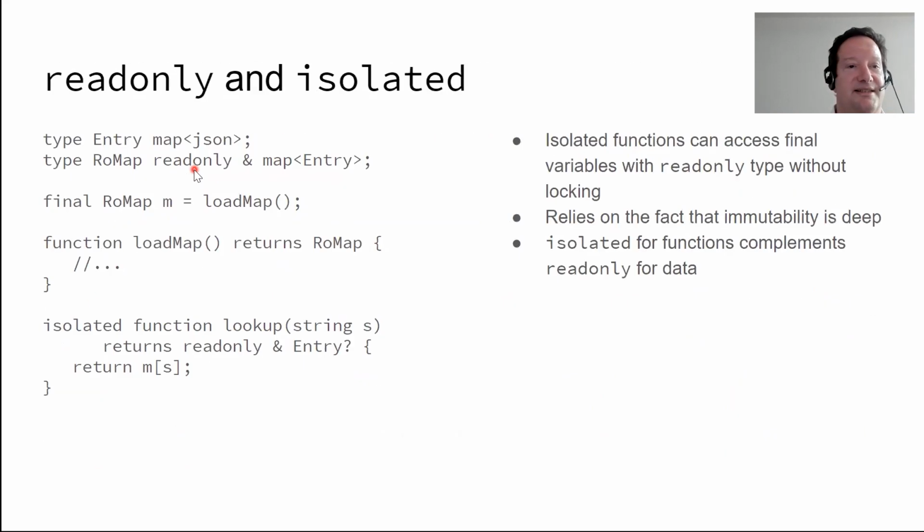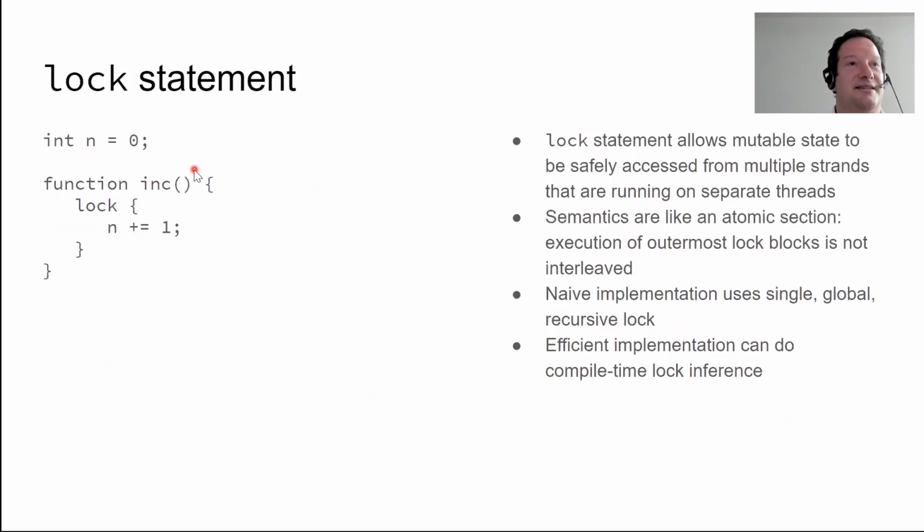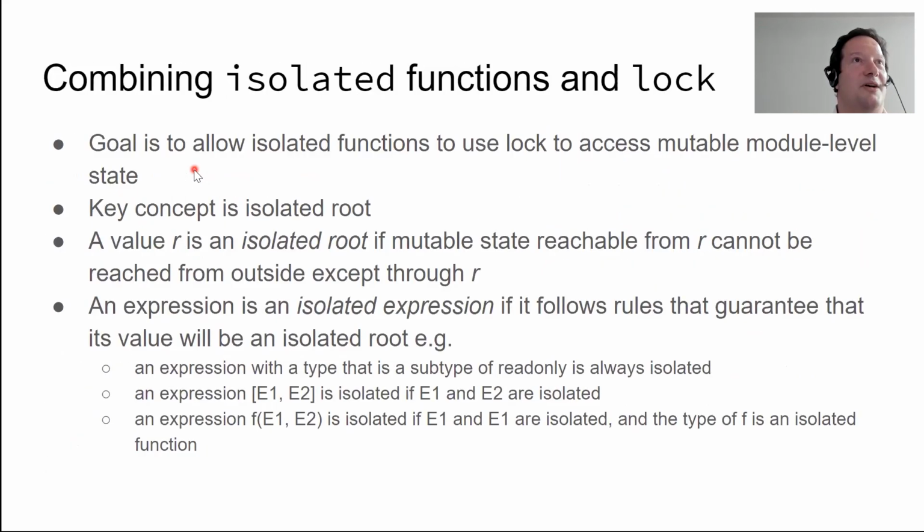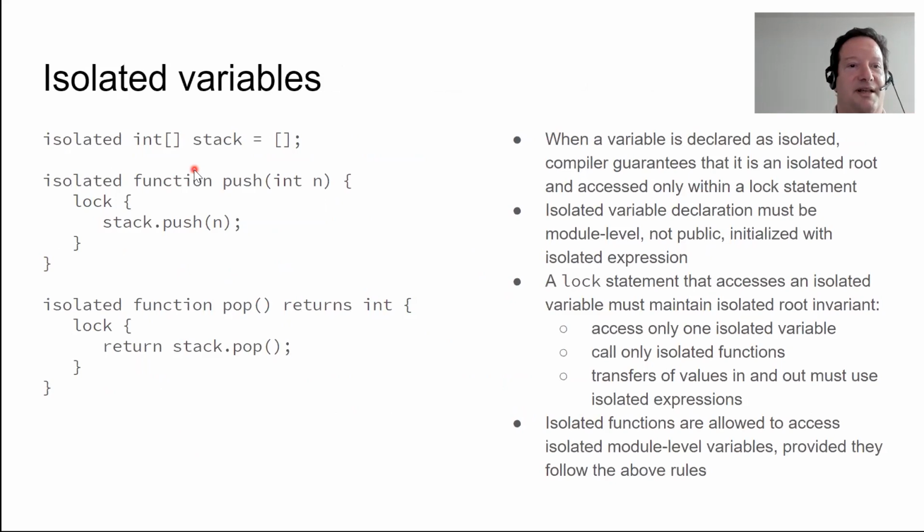All they really need to understand is that if they want things to work concurrently, they need to apply lock to stuff that's potentially accessed from multiple threads. We have this very simple lock primitive.